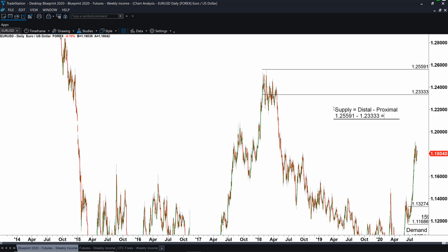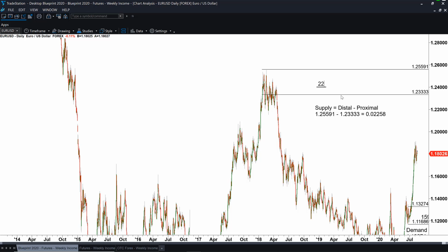So here we are getting 0.02258. And in pips, this would be 225 pips and 8 pipettes.